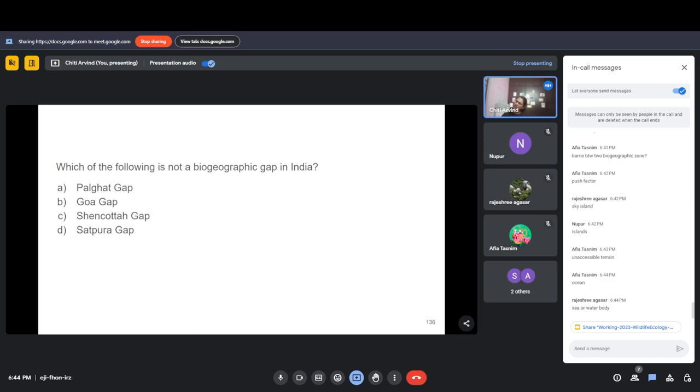Of course, if they fly and the areas are quite close to each other, it is possible that they move. But if the islands are at a distance from each other, separated by this ocean, they form biogeographic barriers, right? So just like oceans, what are other biogeographic barriers? Now can you think of some examples?